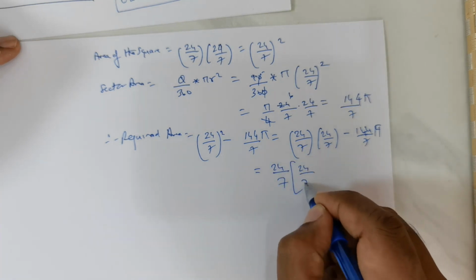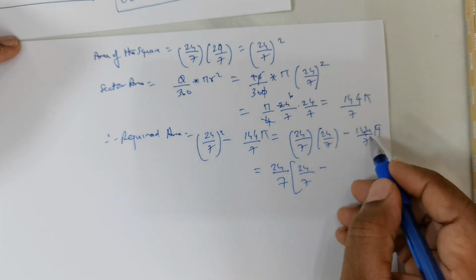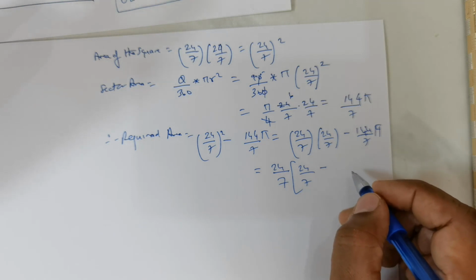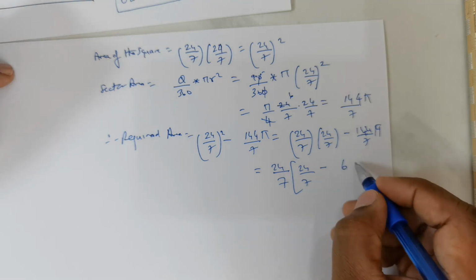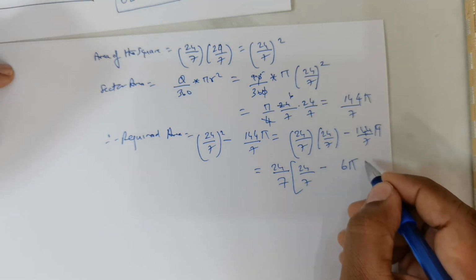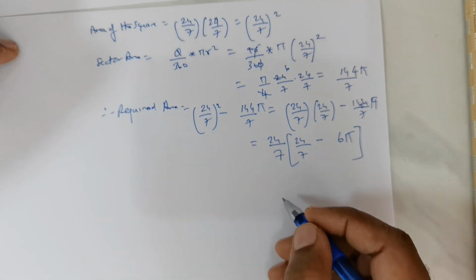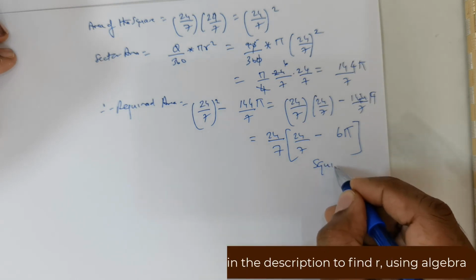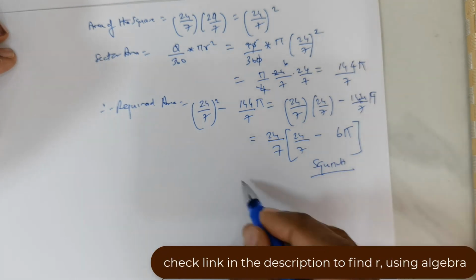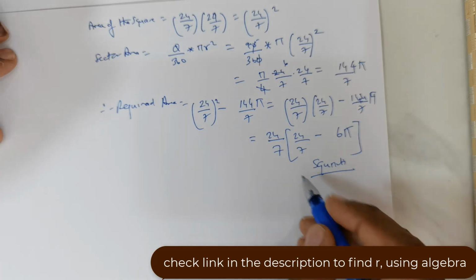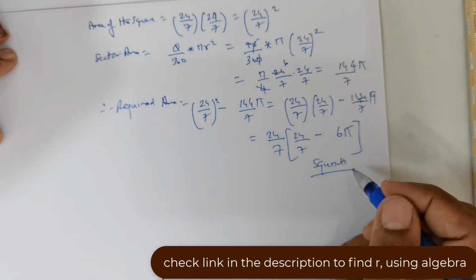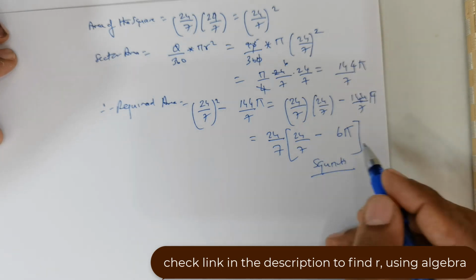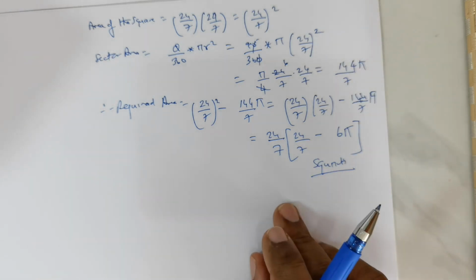This is going to give me 24 over 7 minus, 24 divides 144 6 times, so that's 6, and 7 is already taken out, so you get a pi there. So this is the required area, square units. Now if you want, you can utilize a calculator and simplify and get an approximate answer. If not, you can just leave it as it is. So this is going to be the complete solution.